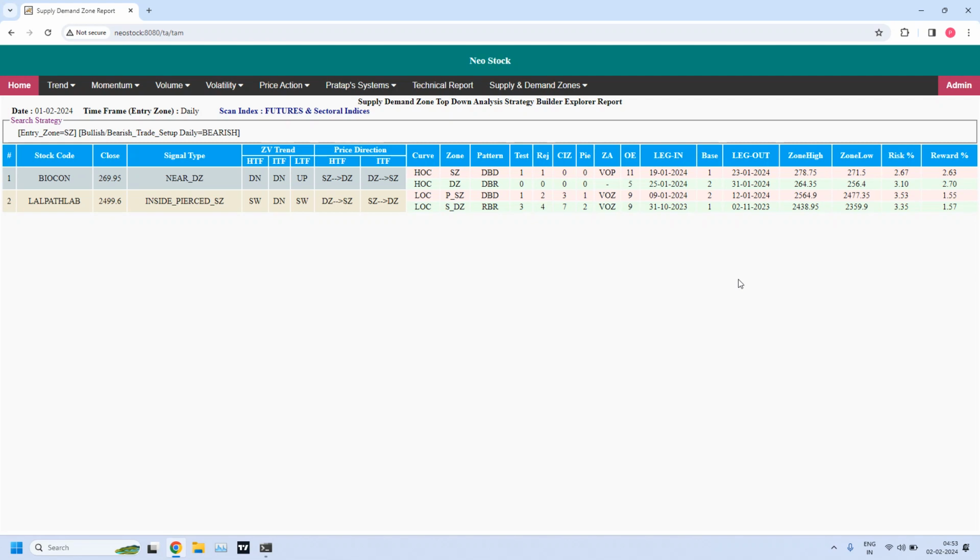We can improve the reward by fine-tuning the zone, or instead of taking the trade from demand zone to demand zone, maybe we may reduce to 75 minutes zone to 75 minutes zone. These techniques we can use. You already learned fine-tuning the zones. But at this point of time, both these stocks are not favorable for short trades, because they do not satisfy our basic criteria.